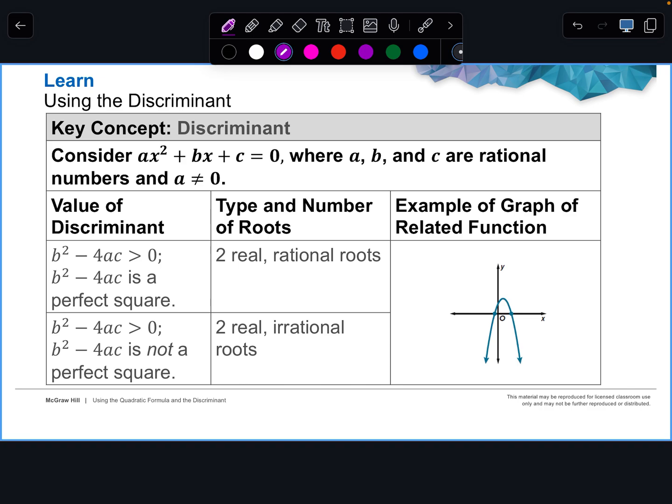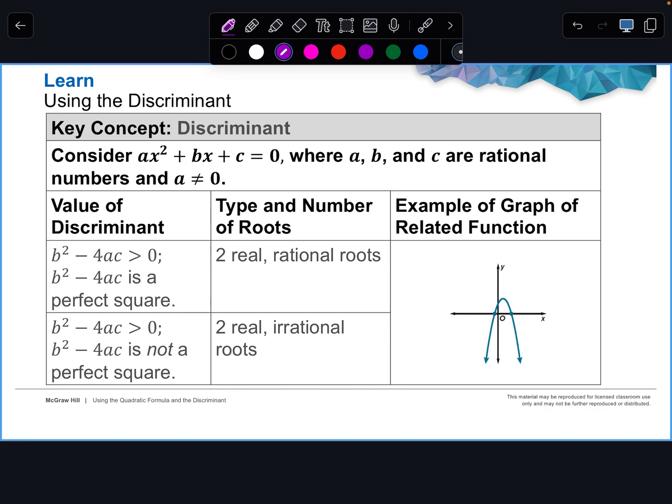Remember the difference between a rational and irrational number. A rational number is any number that can be written as a fraction of integers or as a decimal that terminates or repeats. An irrational number is a number whose decimal does not terminate, nor will it repeat.